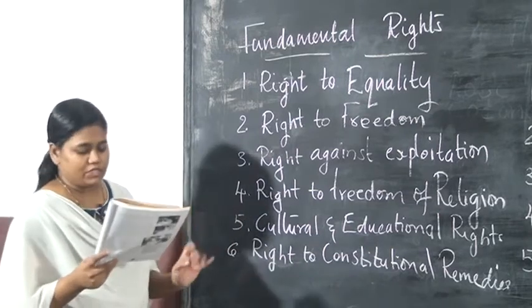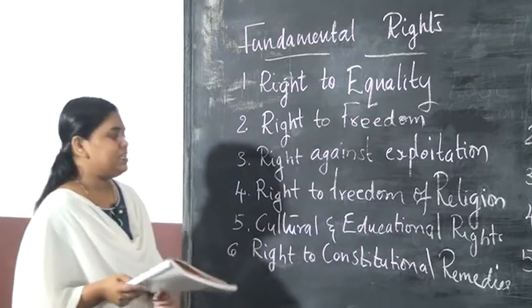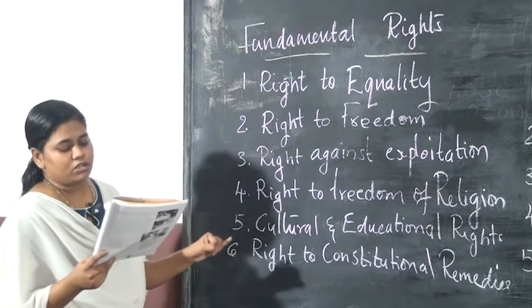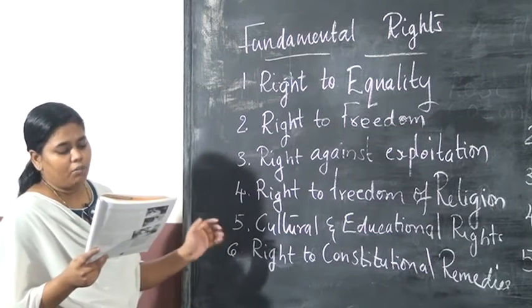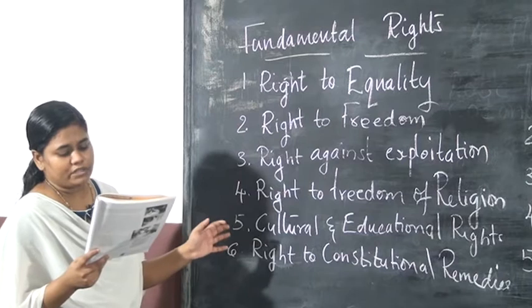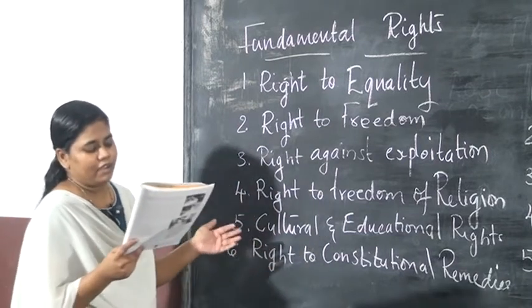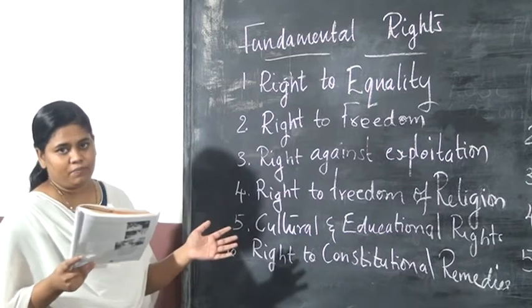The next one was the cultural and educational rights. What are cultural and educational rights? The Constitution states that all religious or linguistic minorities can set up their own educational institutions in order to preserve and develop their own culture.